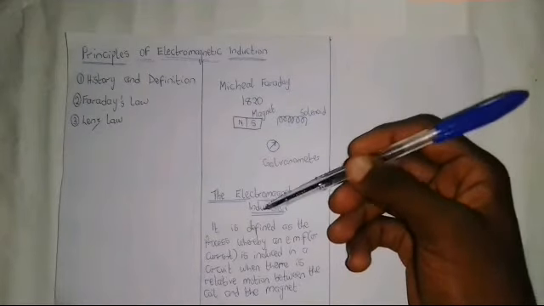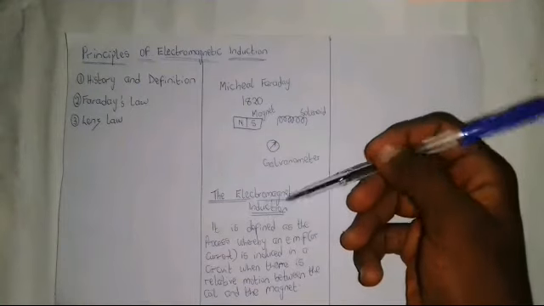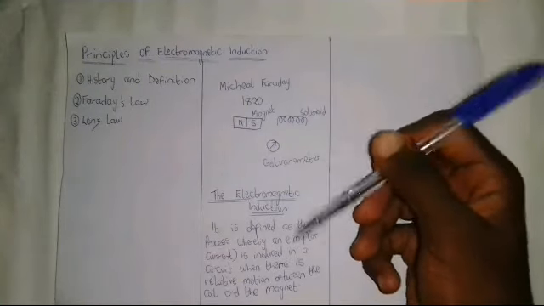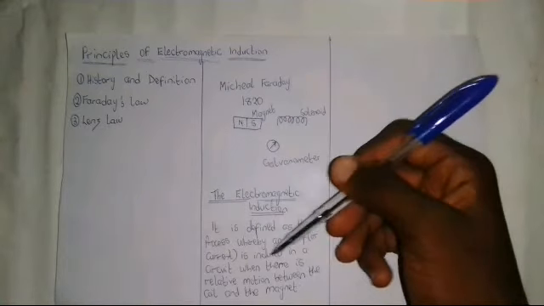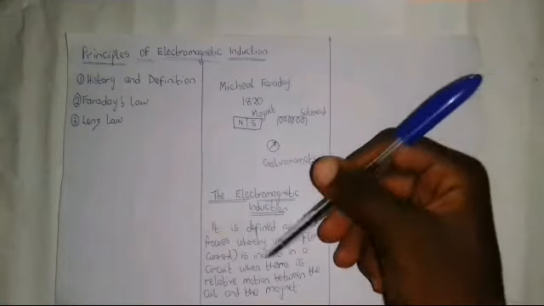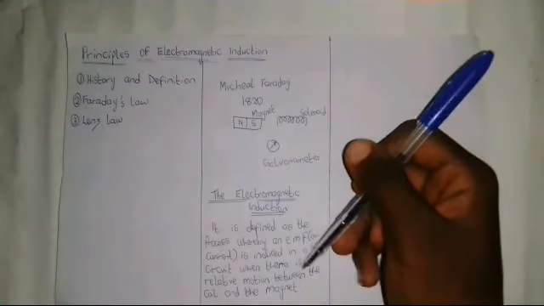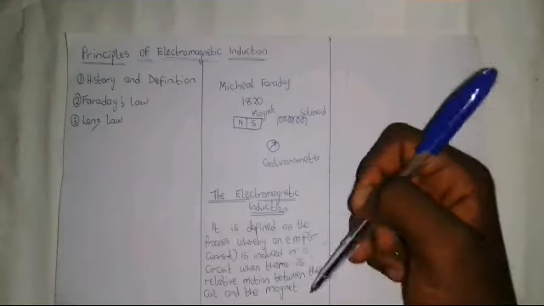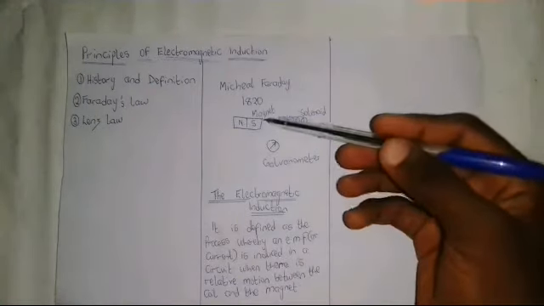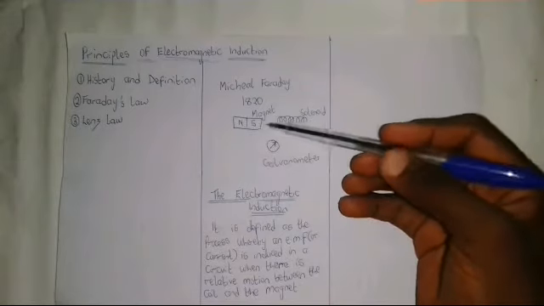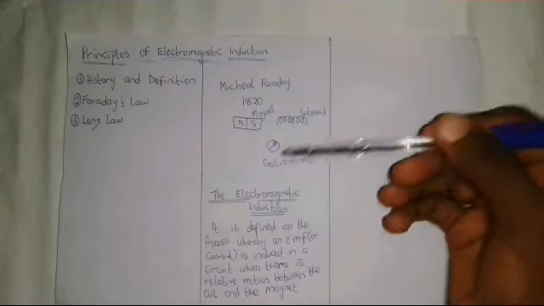Its definition states that it is the process whereby an EMF, also known as voltage, is induced in a circuit when there is relative motion between the coil and the magnet. And I stated earlier that the materials in the process are the magnet, the solenoid, and the galvanometer.